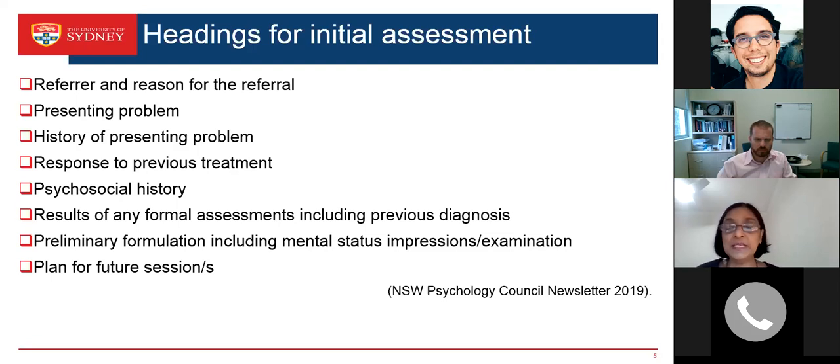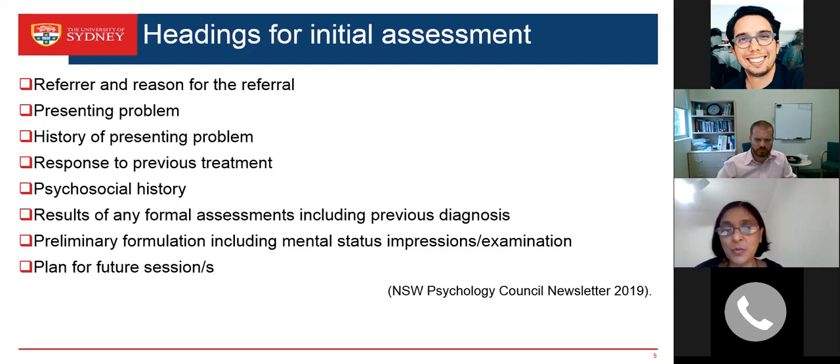Results of any formal assessments, including previous diagnoses. That will touch on any other health professionals or any other people that might have been involved, and so then I need consent to access that information. And then I'm thinking about privacy.